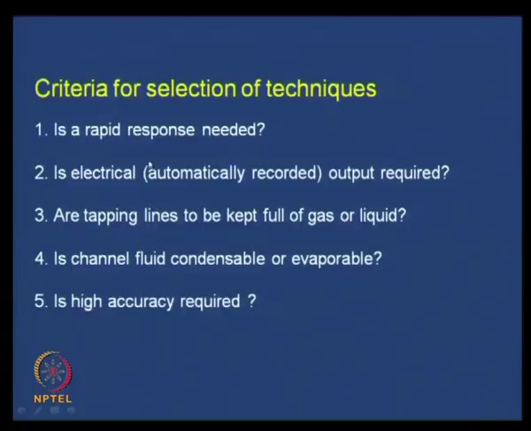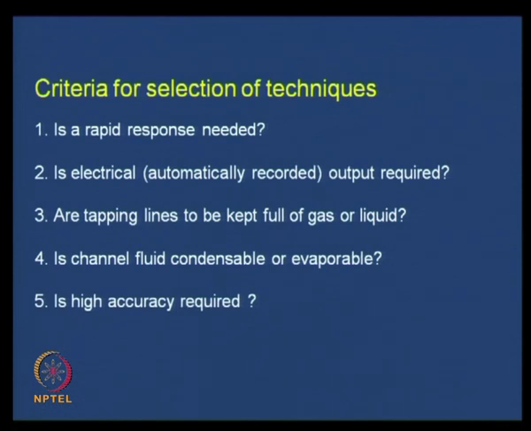The other thing is, how much accuracy do you need? The final point which I have given is how much accuracy is required, because if you need high accuracy, then for liquid filled tapping lines we can go for inverted liquid gas manometer types as compared to liquid mercury manometers. Instead of liquid mercury manometers, if we go for liquid gas manometers, it is going to be better.